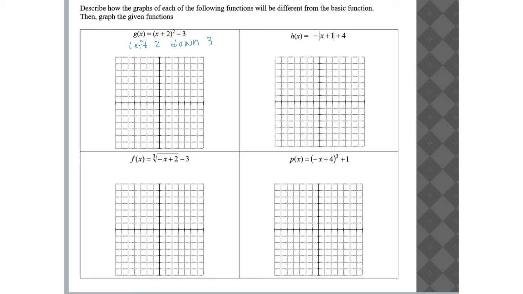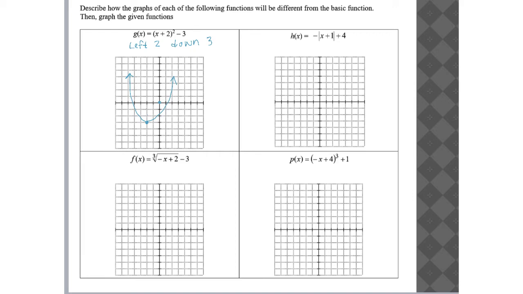So here we're going to start at 0, 0. We're going to go back 2 and then down 1, 2, 3. And then we're just going to do a nice little sketch here. And notice I'm omitting all of the T-charts. We'll get to those T-charts if we need it, but it's really there to help us see what is going on with our function.